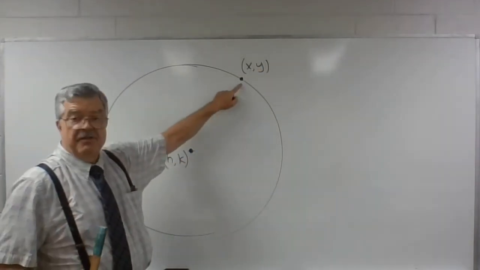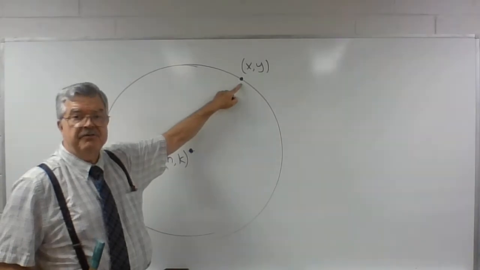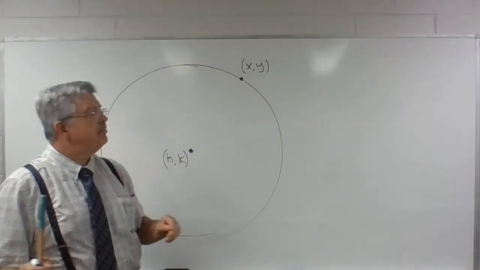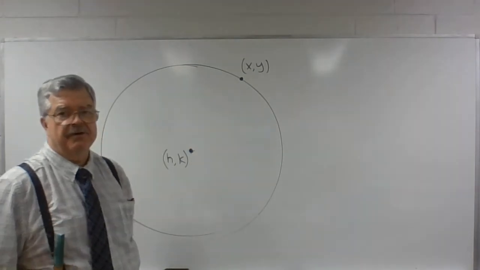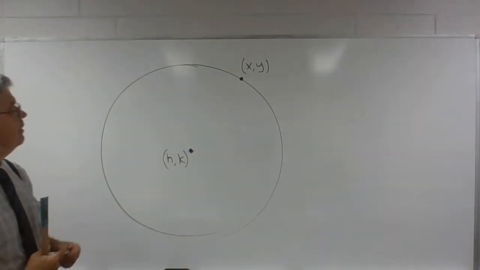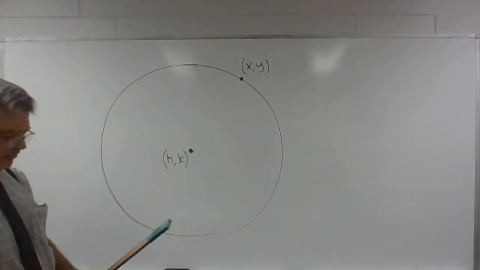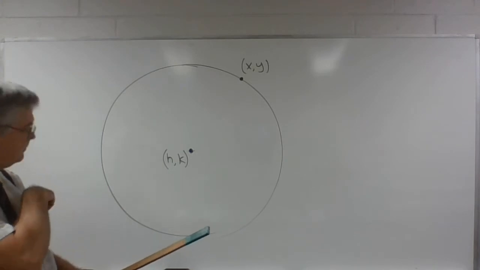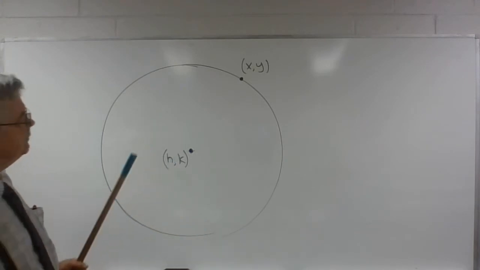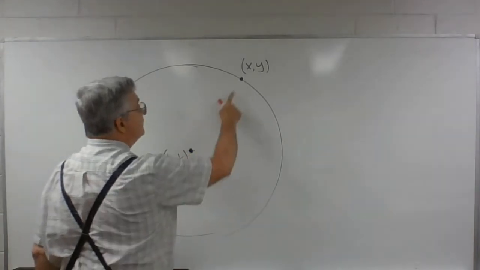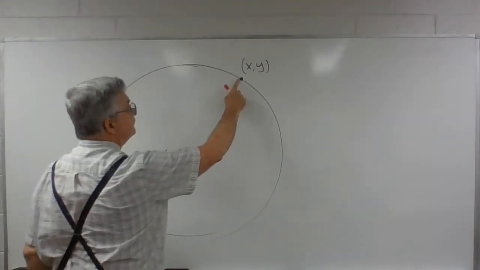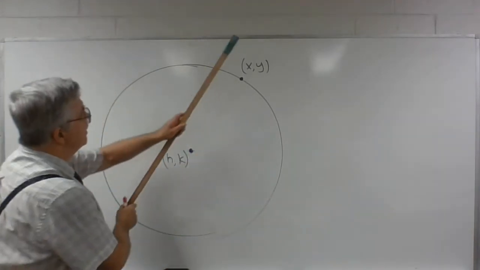And this point is going to be representative of any point on the circumference of the circle. My circle has a radius of r, so that means that the distance from the center to this point on the circumference is r units.